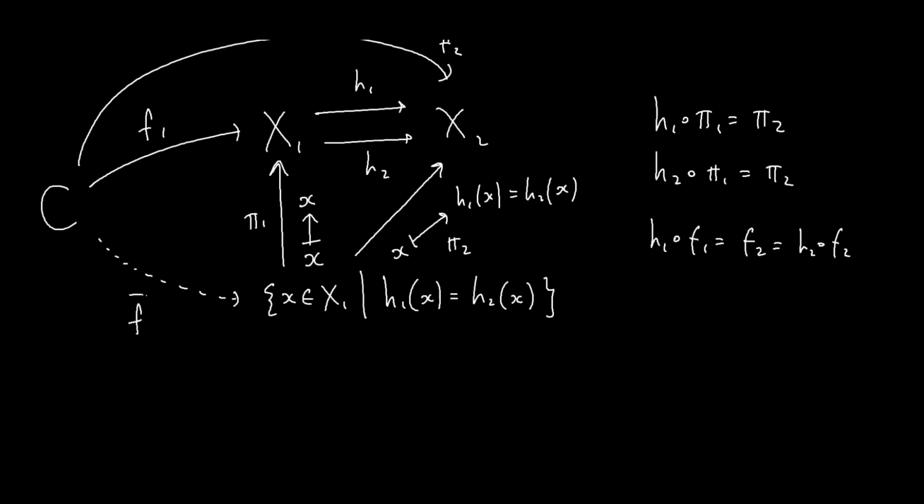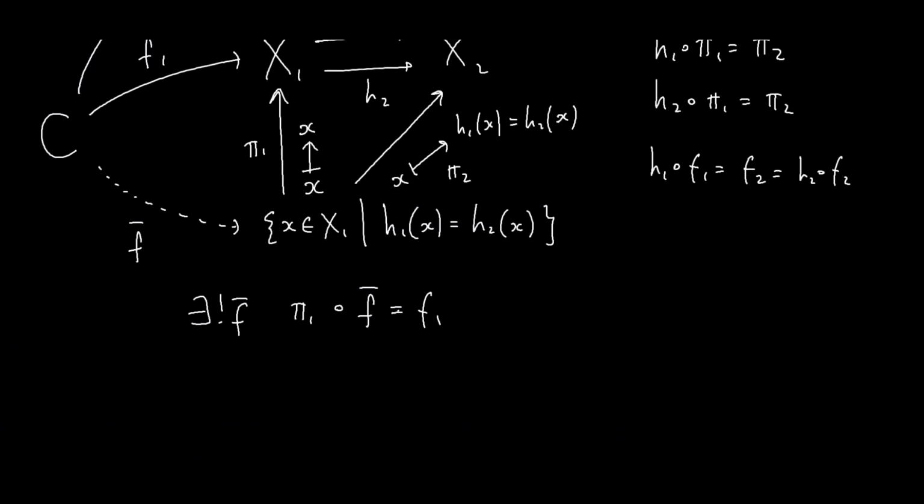So we're looking for a unique f bar having the property that f bar composed with pi1 equals f1. But what is our pi1? Pi1 maps everything to itself, right? I can actually write down what this equality says.